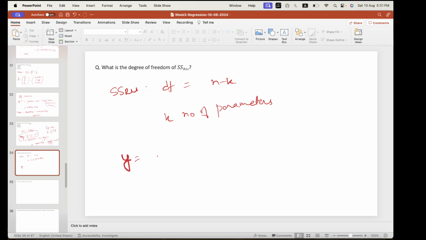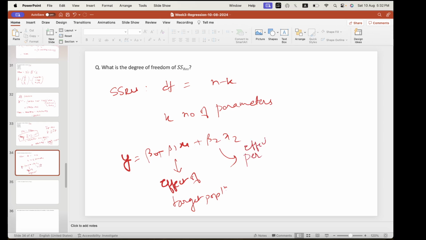Y equal to beta naught plus beta 1 x1 plus beta 2 x2, where beta 1 corresponds to effect of that target population and beta 2 is the effect of per capita income. So in this case, k is equal to 3.